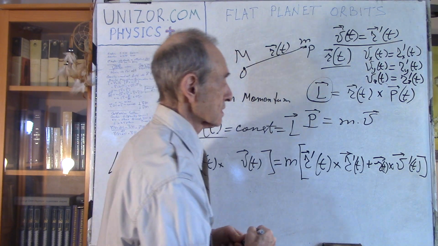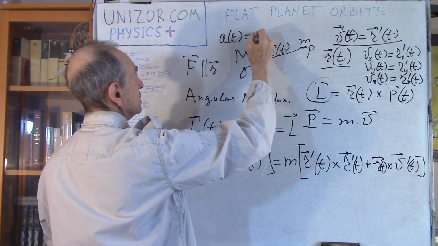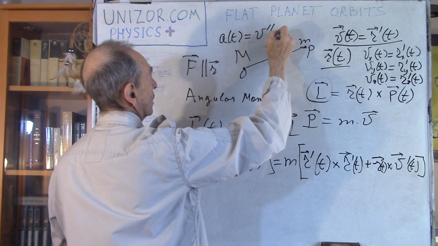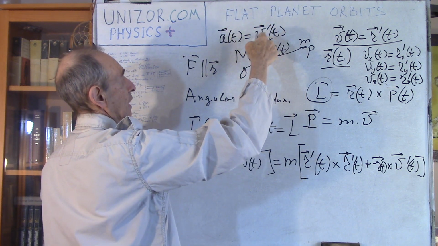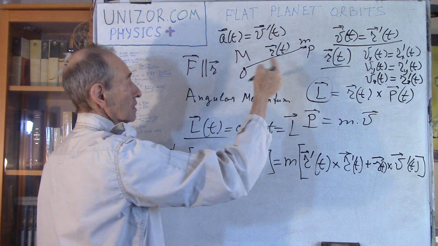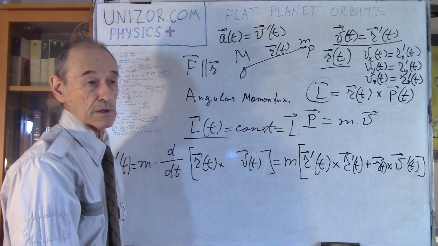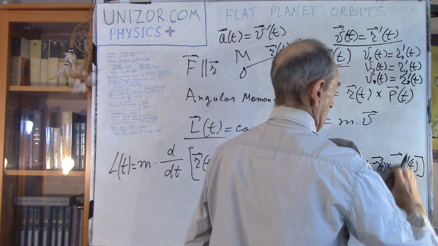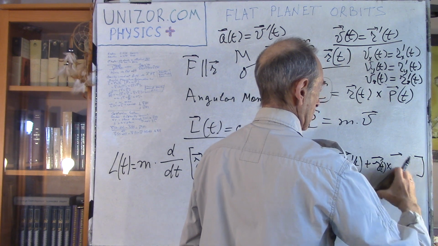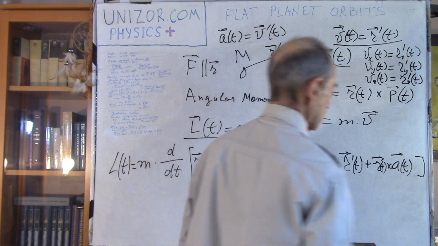The derivative of v is acceleration, a of t equals v' of t, and these are vectors. If you have the vector of velocity and you take the derivative by each coordinate, you get the corresponding coordinate of the vector of acceleration. So instead of v', I can put this acceleration.